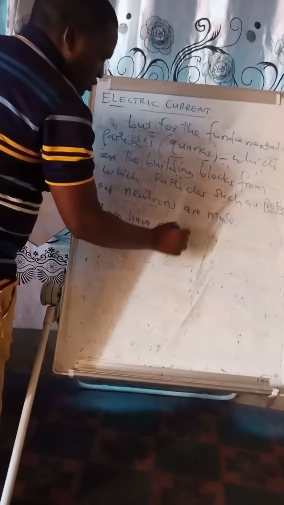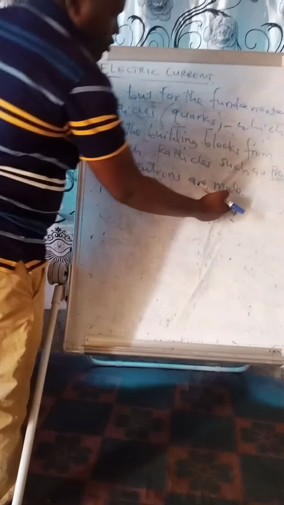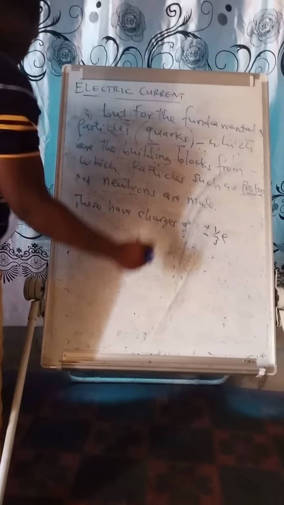For the smallest particles, we saw that the charge is quantized, but for quarks, we say that these have charges that are fractions, like plus or minus one third or two thirds of the elementary charge.